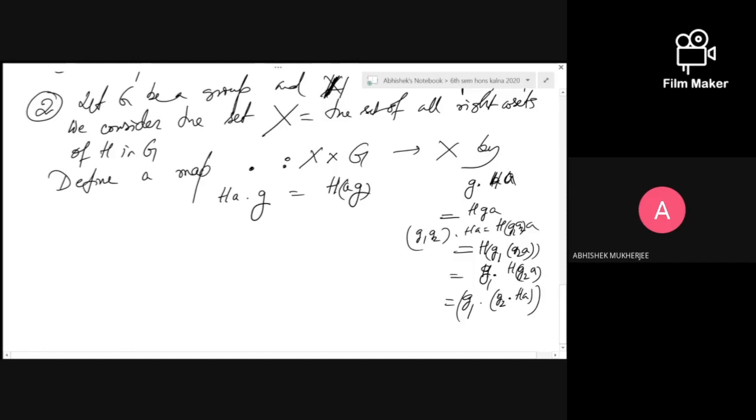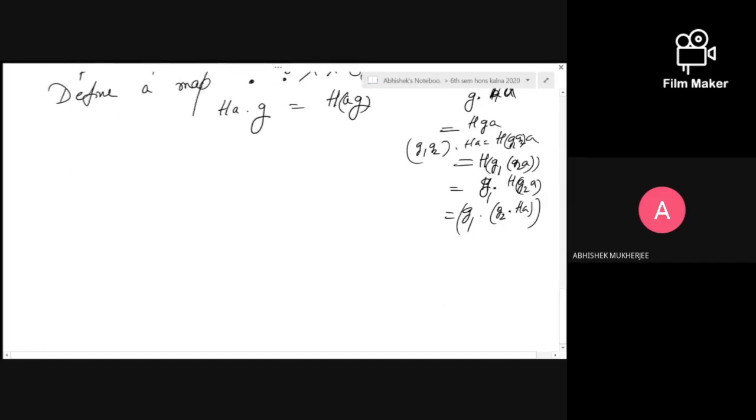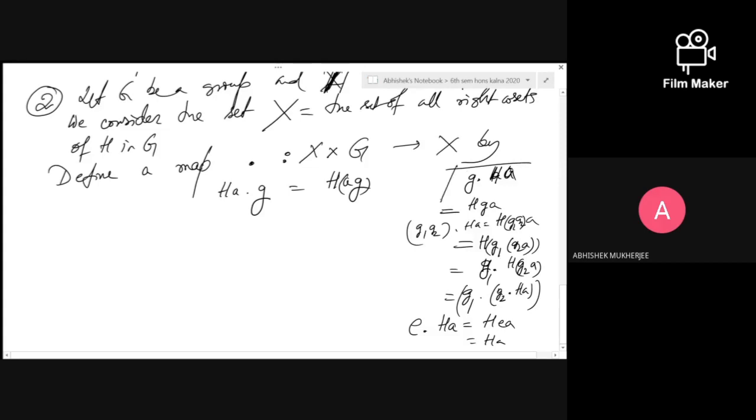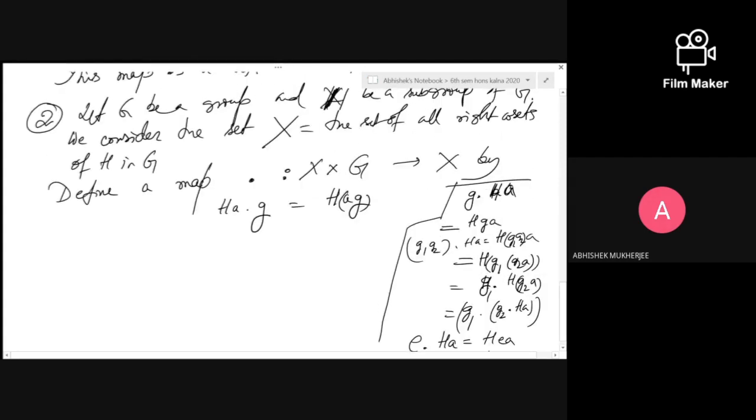So this action is a left action. And now if we consider the second case, it will be Hea, so this is Ha. So this definition is a left action for this one.